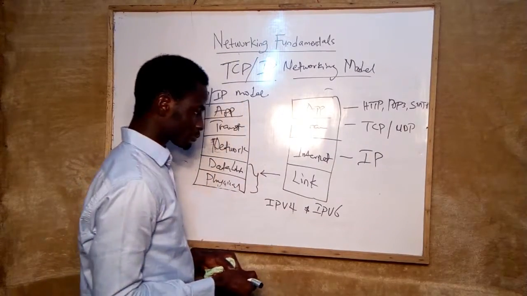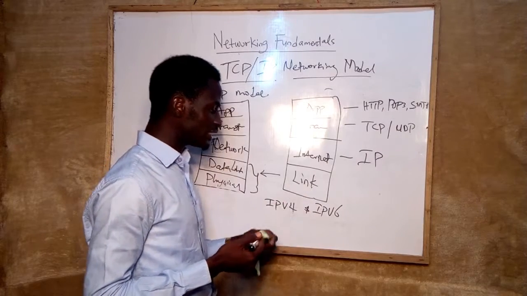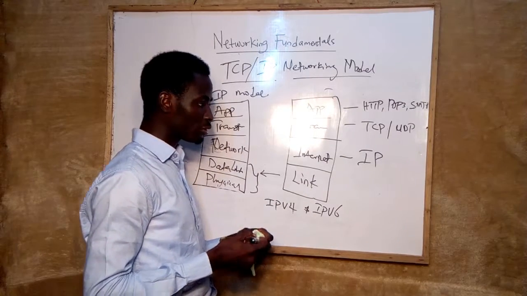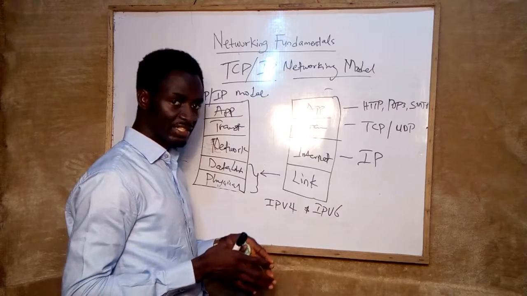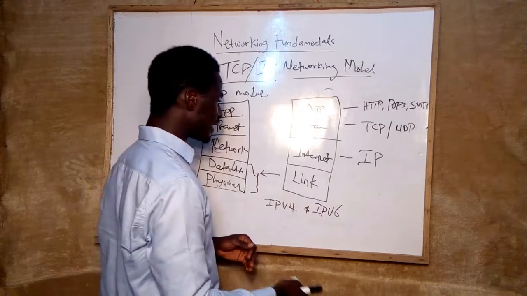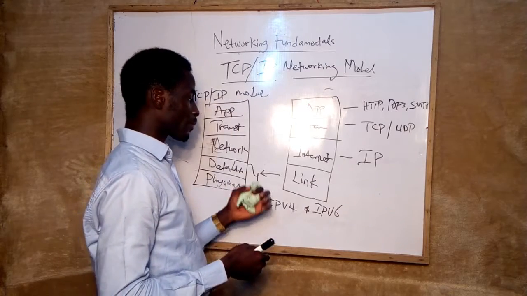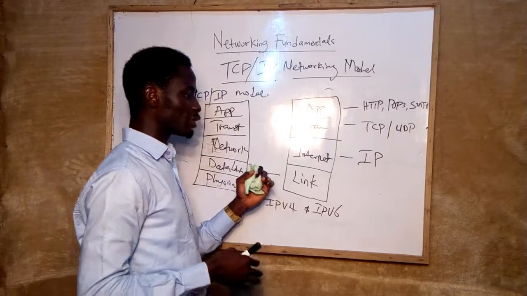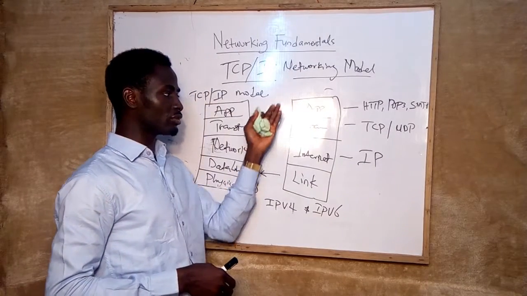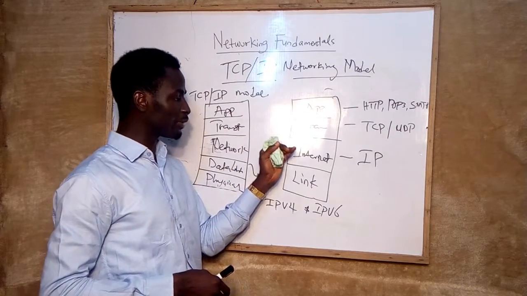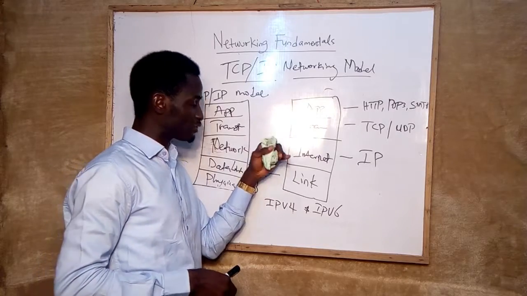Now, before I go to the link layer, I want to establish what we refer to as same layer interaction and adjacent layer interaction. It has been established that the lower layers offer services to the upper layers. For instance, the transport layer offers service to the application layer, the network layer offers services to the transport layer, and so on.